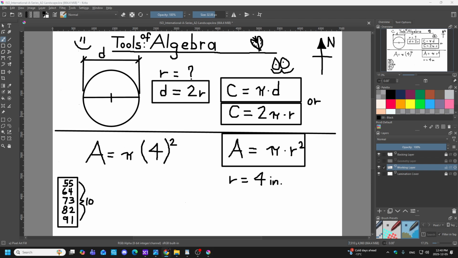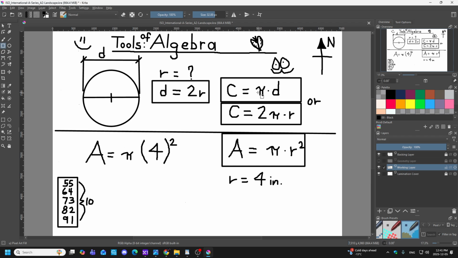Now, what is substitution in math? Quick definition. In math, substitution is the process of replacing a variable in an expression. This is an expression. Okay? This is an expression. This is also an expression. Okay? Or equation.